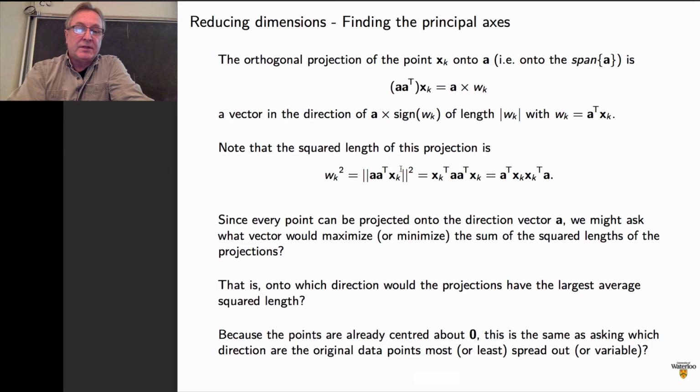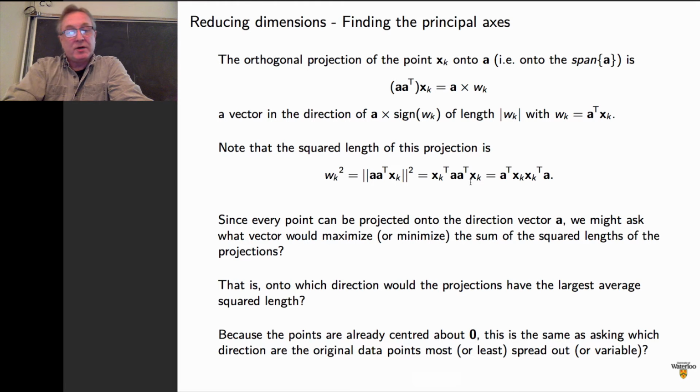So you take this thing, transpose it, times itself. You're going to have x transpose A, the transpose of A times A transpose on the left, and on the right, A transpose xk. In the middle, you're going to have A transpose A, which is a unit vector, because that thing is length 1. So this is just that thing there.